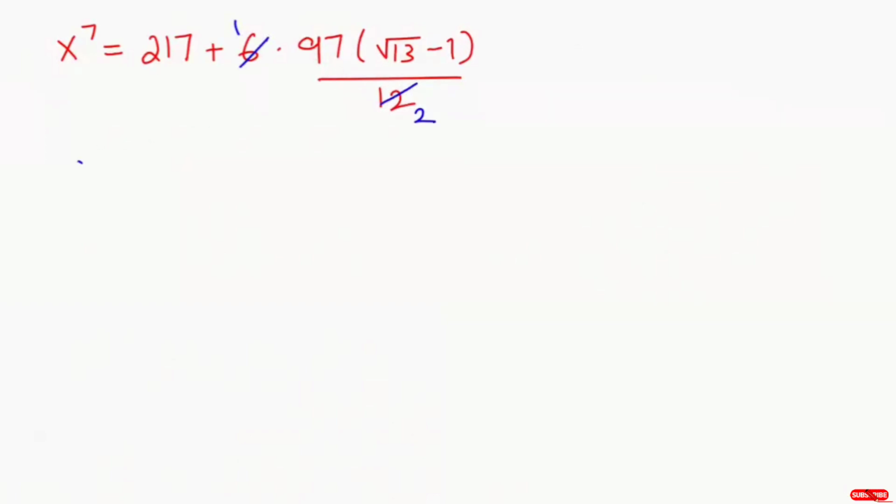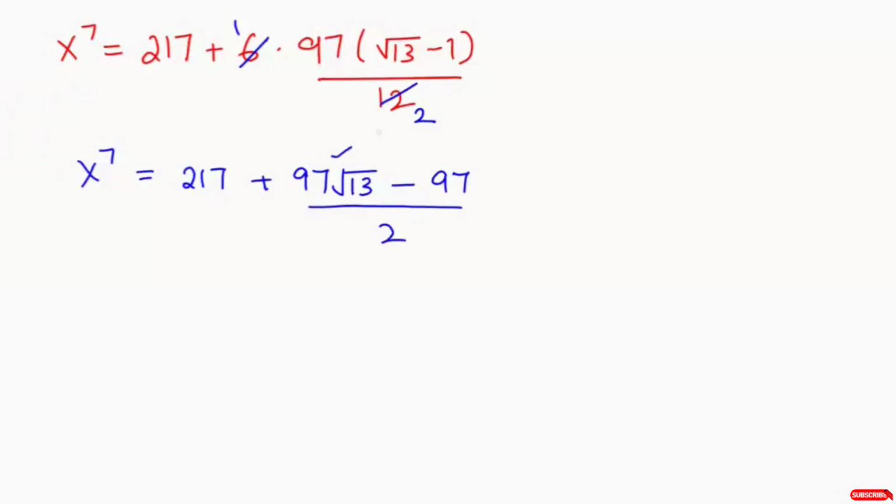So this will turn to x to the power of 7 is equals to 217 plus 97 root of 13 minus 97 one time give us 97 over 2. Now this 2 is with both the numerators.